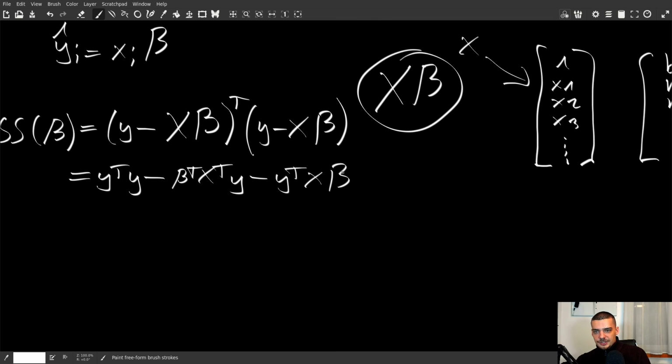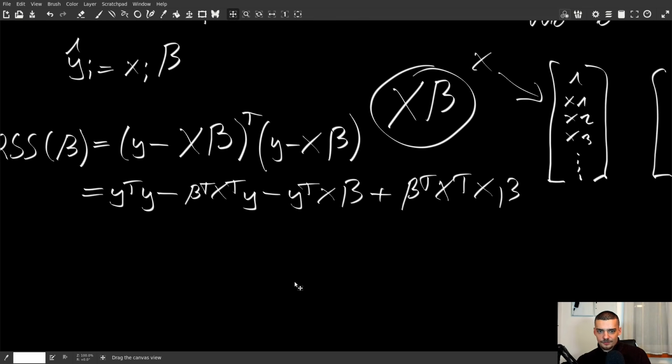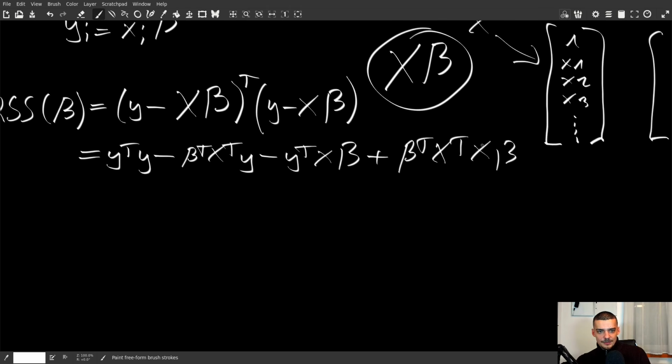And then for the last one, we can just square it as well. So we can say basically plus, because we have two negatives, so we have beta transposed x transposed x beta. That is just the binomial formula here with the matrix notation. And what we need to do now is simplify this, or we can simplify this rather, because these are just scalars.